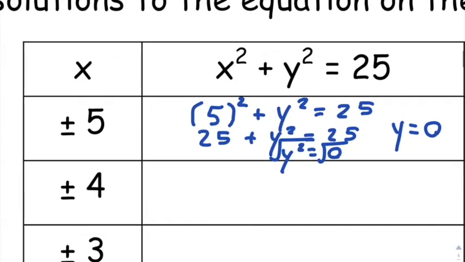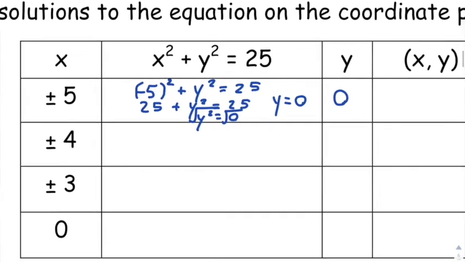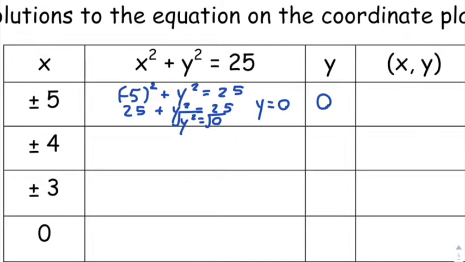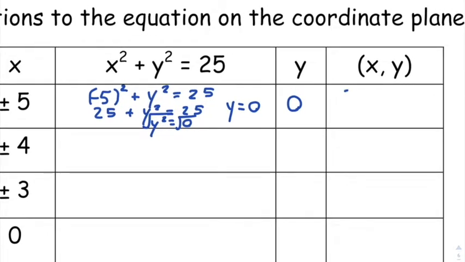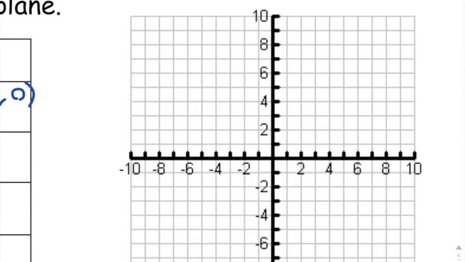Now the nice thing here is that when you plug in -5 and square it, it's still going to give you positive 25, so that will not change our answer. Whenever you plug in 5, you get 0, and whenever you plug in -5, you also get 0. So I'm going to go ahead and plot those: -5, 0 and 5, 0.